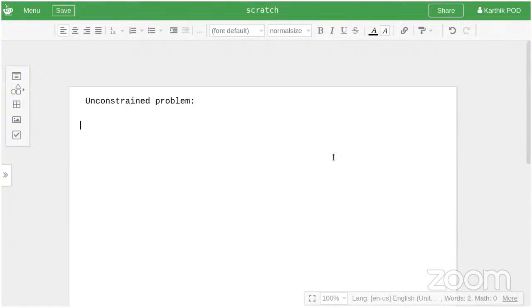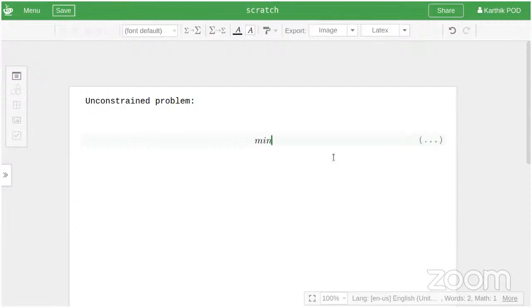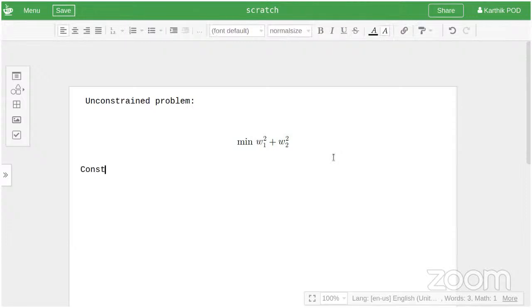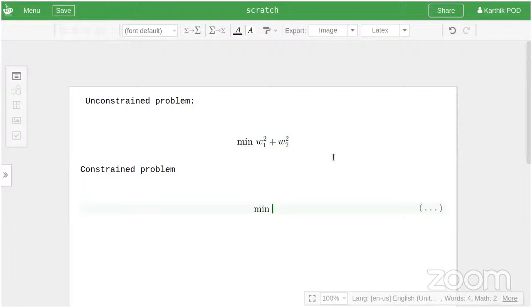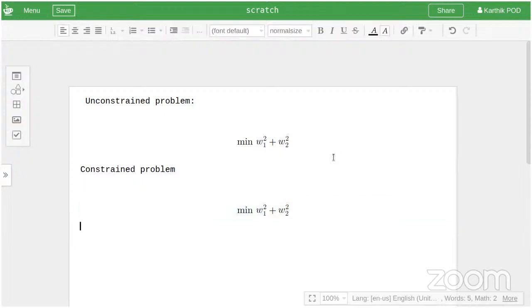So the unconstrained problem is to minimize, say, W1 squared plus W2 squared. Now, say there's a constrained version of this problem. The objective is the same: you still want to minimize W1 squared plus W2 squared, but subject to some constraint.